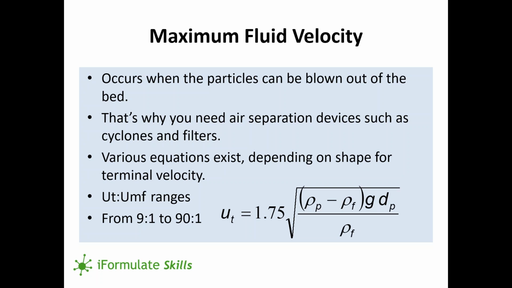The particles then are fluidized, and they can be blown up into the air above the bed surface. As you increase the velocity, you don't improve the fluidization, but you can get to a stage where the velocity is so high that you can actually fluidize the bed and blow the particles out of the bed.